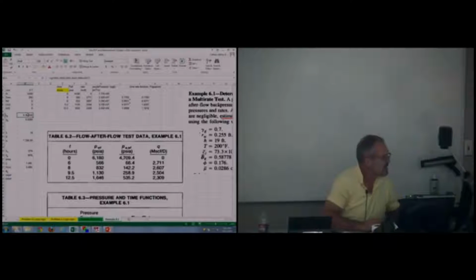And if I were to calculate viscosity, I change that m to u and I get the viscosity. And it's different. Let's see what the relative error is.